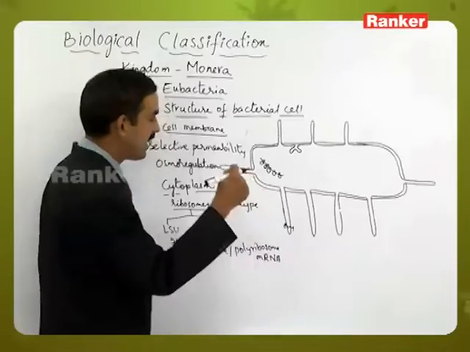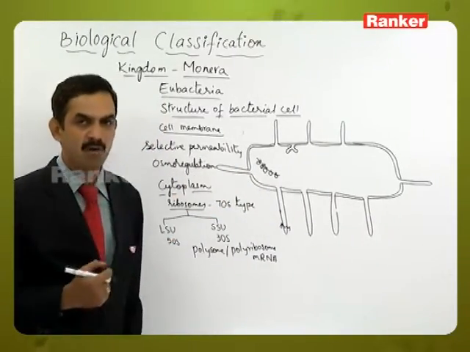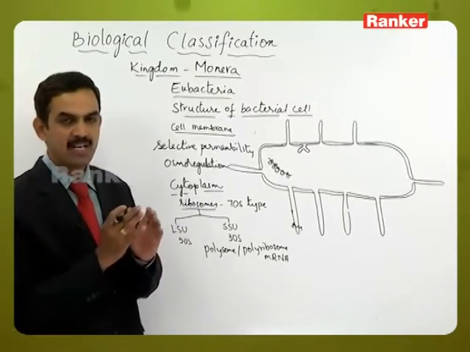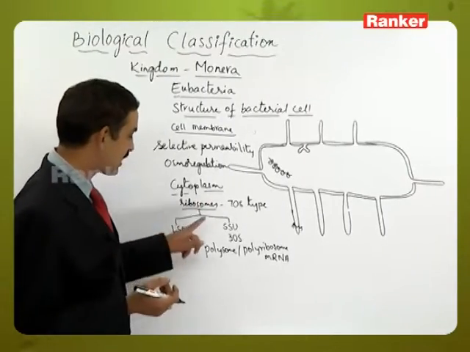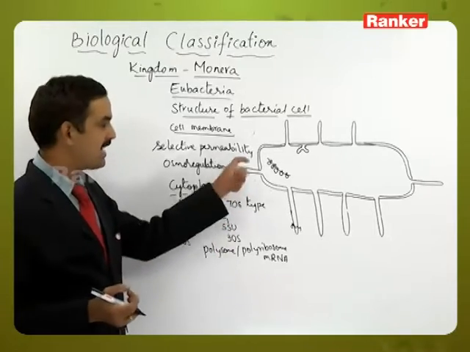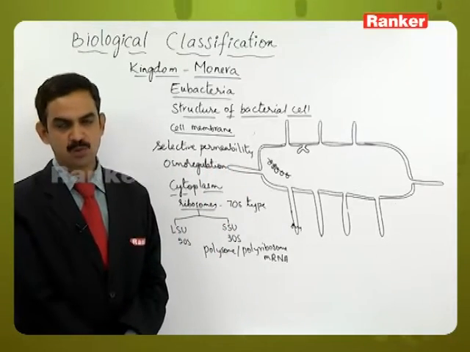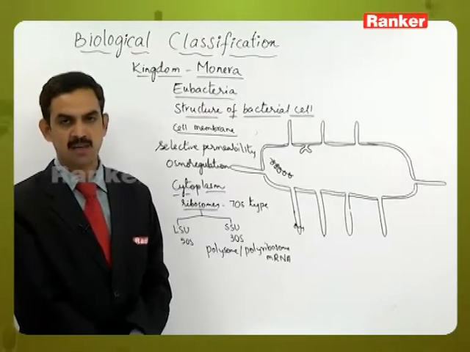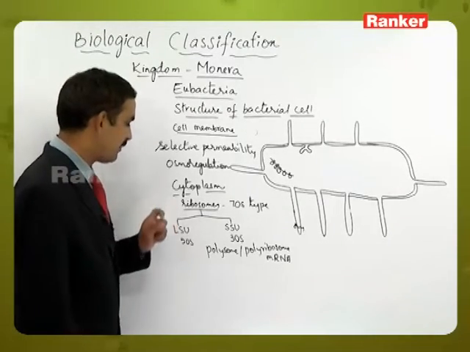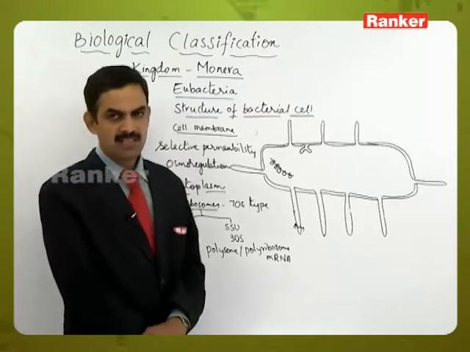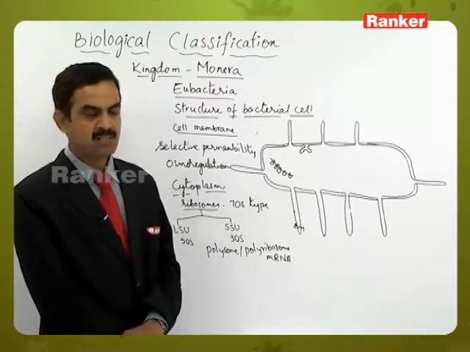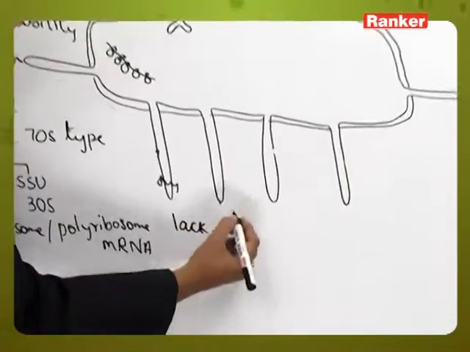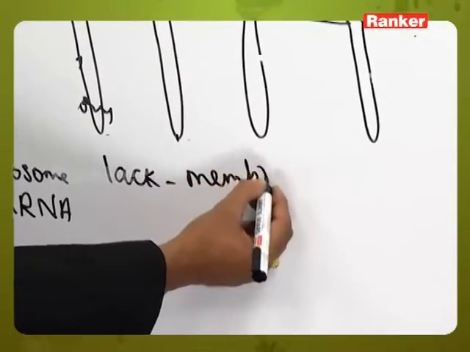That is, mRNA will hold all these ribosomes in the form of a chain, and once protein synthesis has been completed, all the ribosomes, that is the smaller subunit and the larger subunit, will be separated from each other, and mRNA will help in detachment so that all the parts are separated out when protein synthesis is completed. Apart from the ribosomes, what are the other cell organelles present in the bacteria? Here it generally lacks membrane-bound cell organelles.